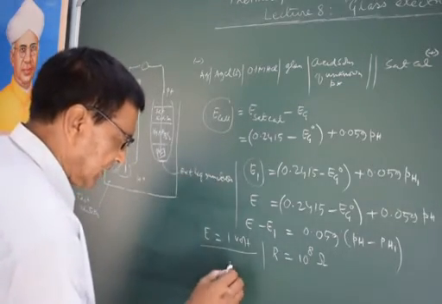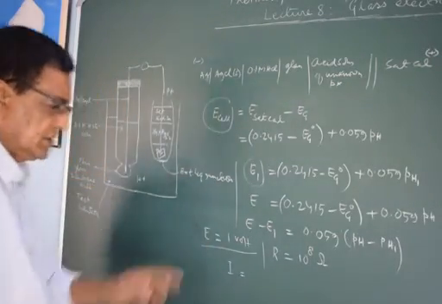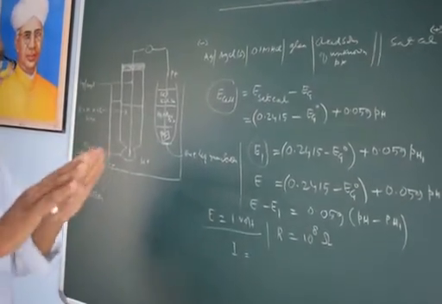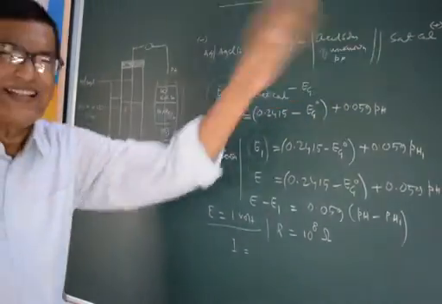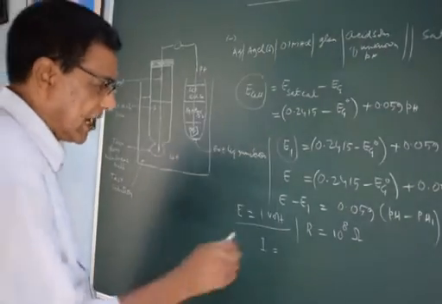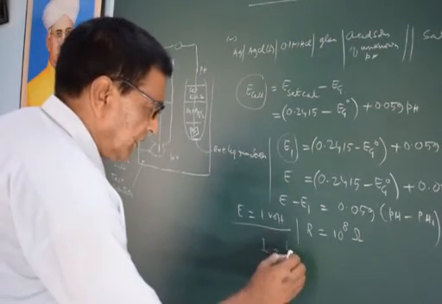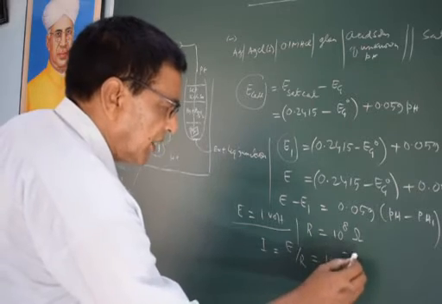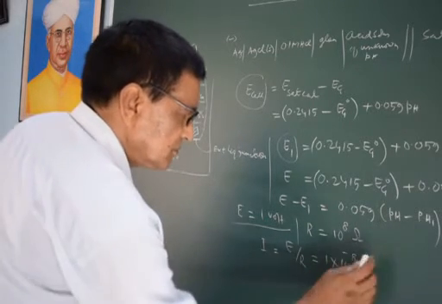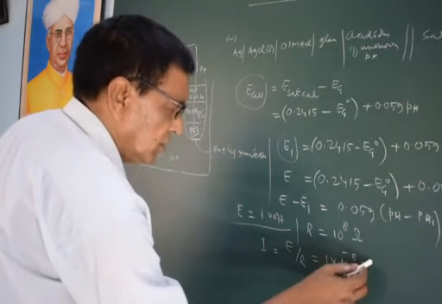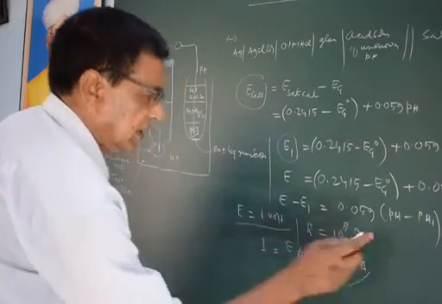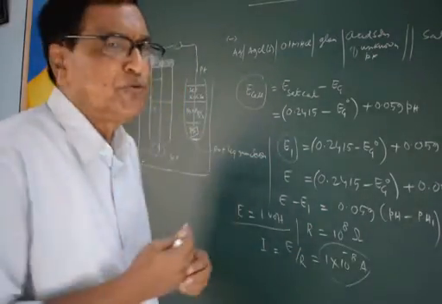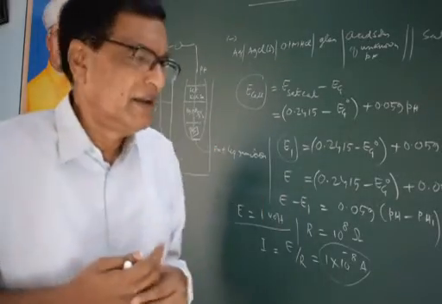So this is the internal resistance of the glass electrode, taking aside the internal resistance of the saturated calomel electrode, and I equals E by R equals 1 into 10 to the power minus 8 ampere. This small current strength, the galvanometer in an ordinary potentiometer cannot read.